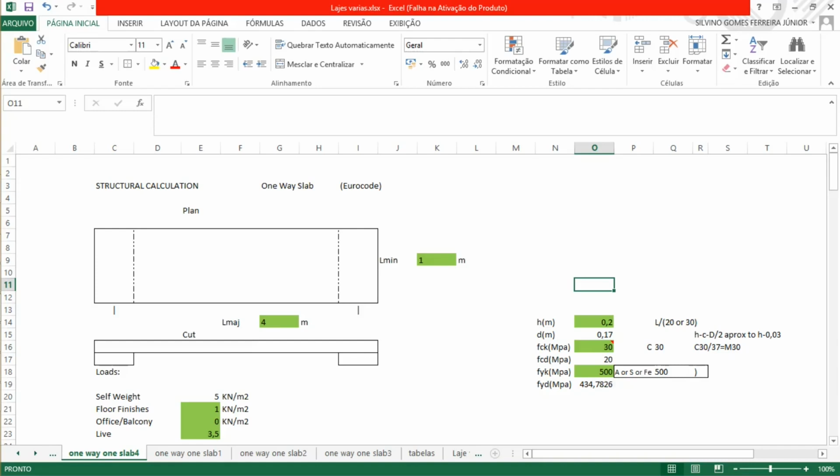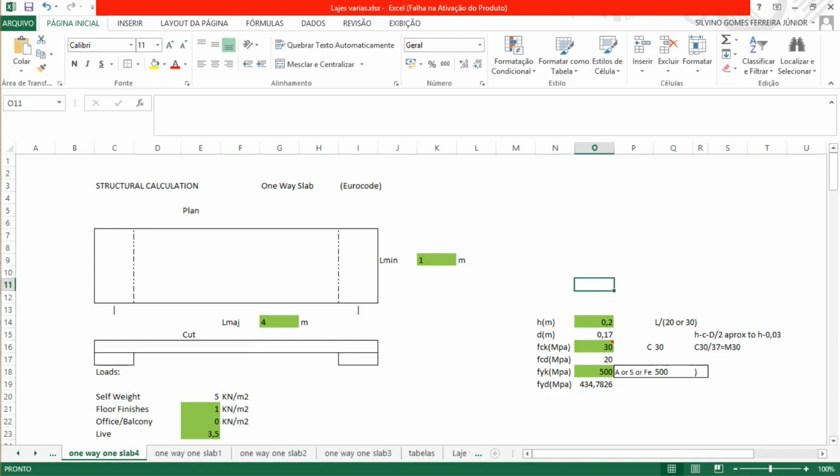But this is approximately the total depth less 3 cm, 0.03 meters. So we can get that the effective depth is 0.17 meters.